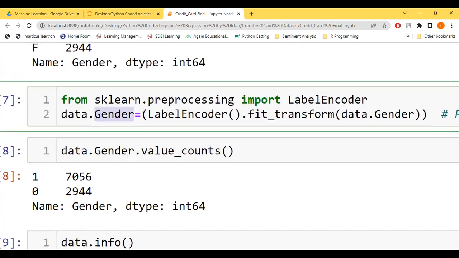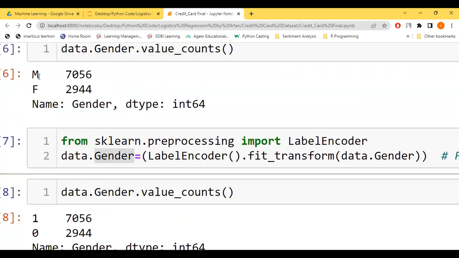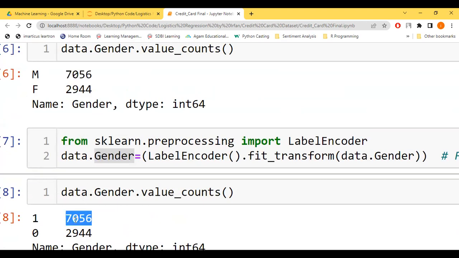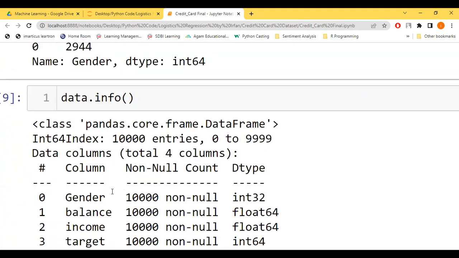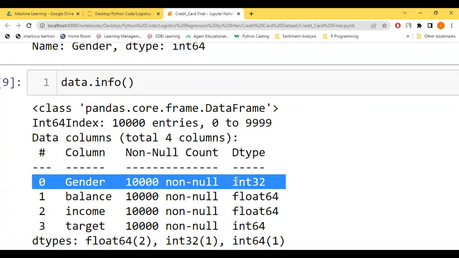Clear. Then we check the frequency, guys. If you see, male became 1. How many did we have prior? Now how many do we have? Same. So we just did the coding for our convenience. Next, check the info for gender now. Prior it was object.